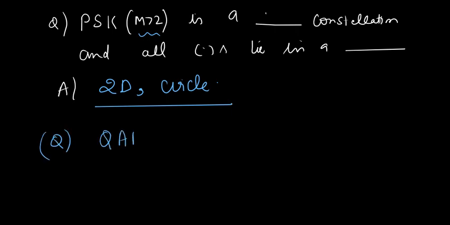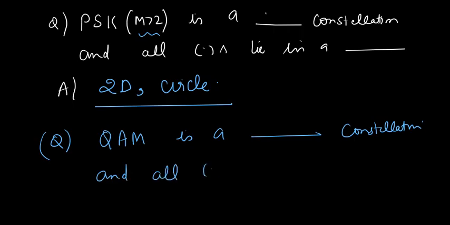QAM is a constellation and all points lie in dash. QAM is a, what would be the answer? And all points lie in a 2D plane.